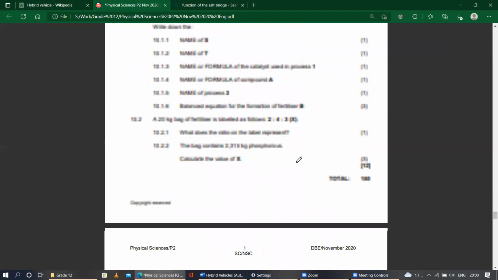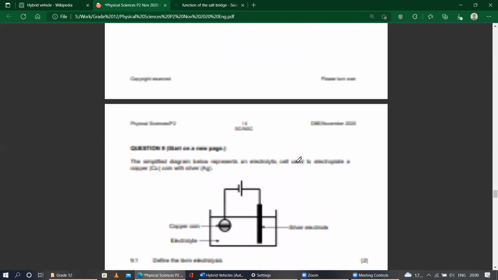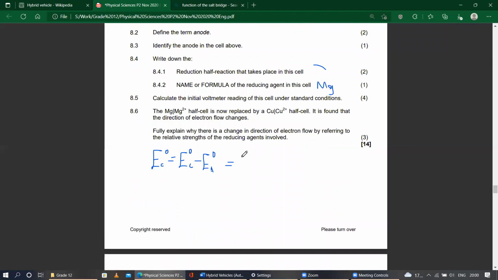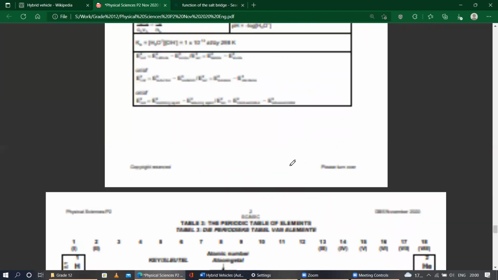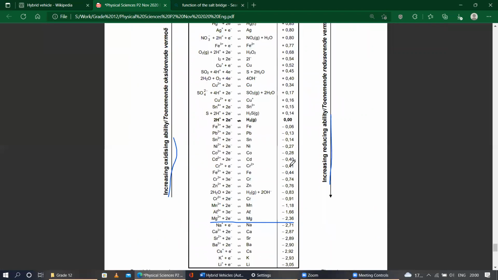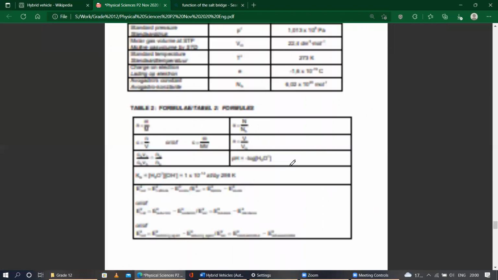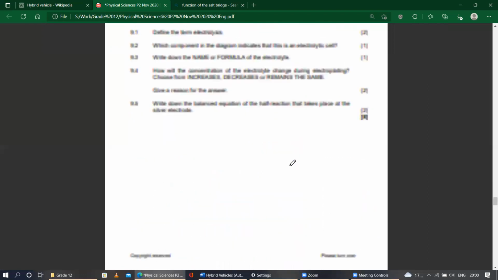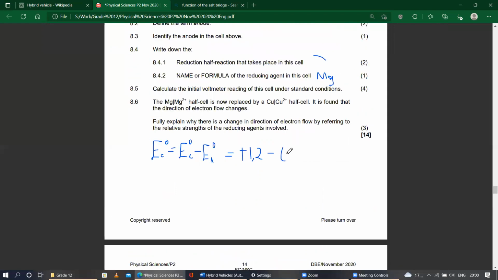So here we have positive 1.2 minus, now we're going to check the one for magnesium, which is negative 2.36, into negative 2.36.